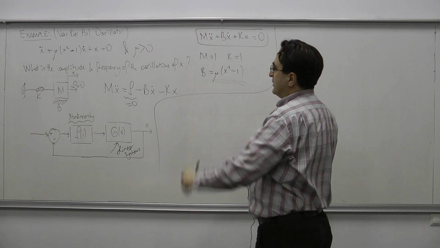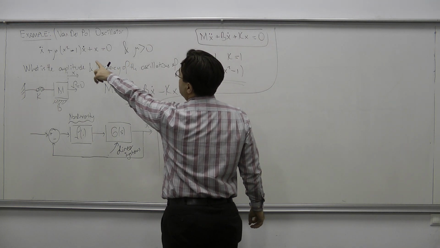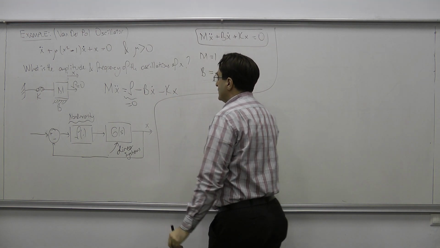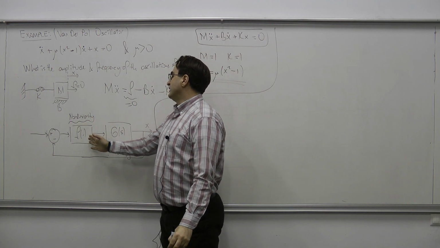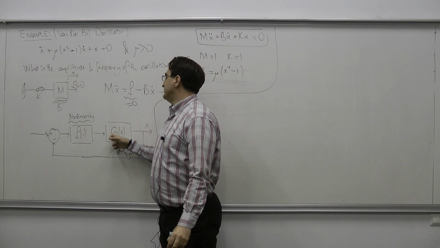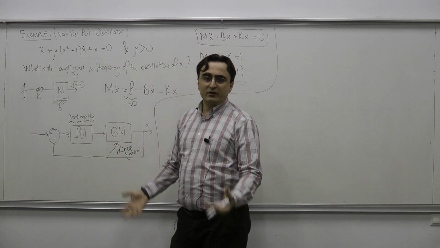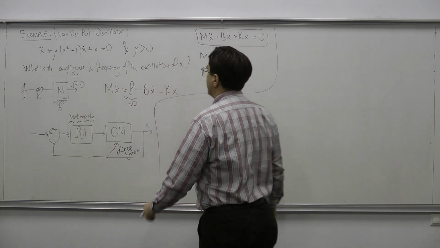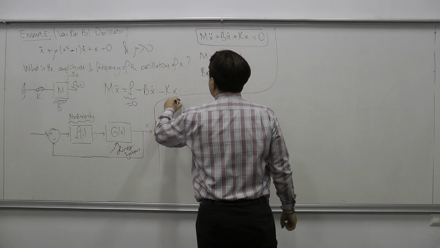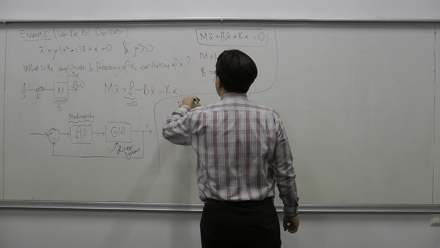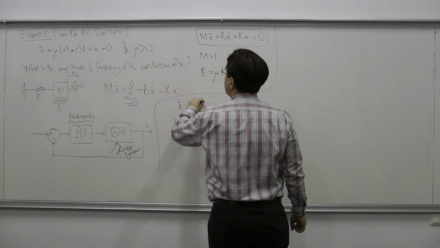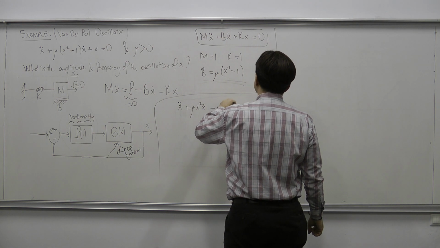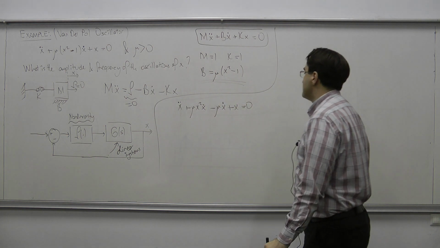The first thing that I'm going to do is separate that differential equation into its linear and nonlinear parts. We see that in this block diagram, linear and nonlinear parts are separated from each other. That is what I'm going to do on the differential equation now. So x double dot plus mu x square x dot minus mu x dot plus x is equal to 0.